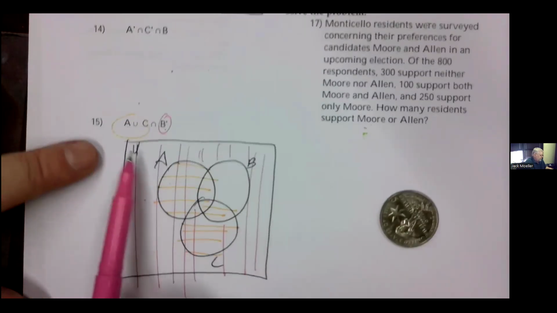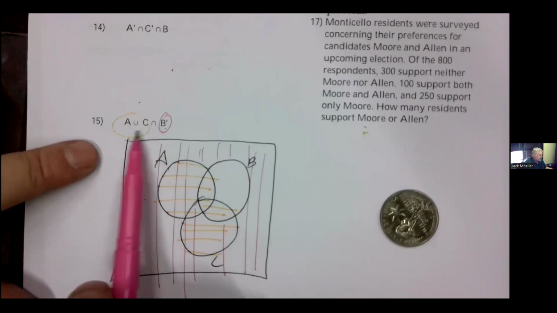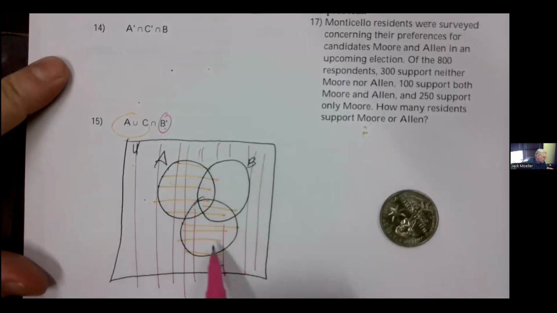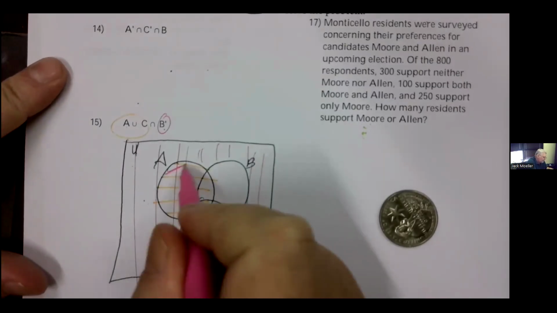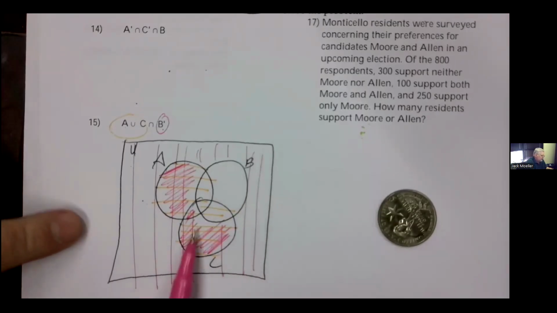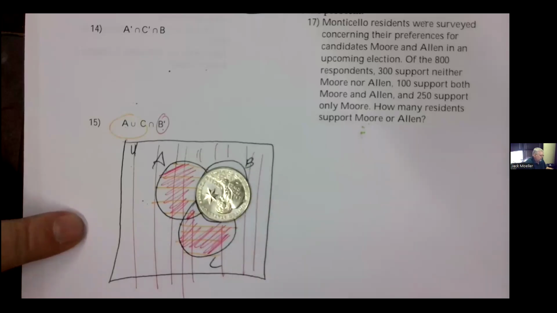Okay, and so we want the intersection of those two. So the intersection is where I shaded both. So where did I shade both? This is where I want horizontal and vertical. There's horizontal, vertical. There's horizontal, vertical. That's A or C and not B. So I don't want anything in B.